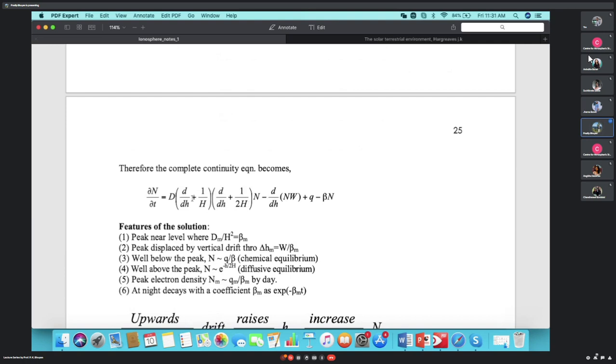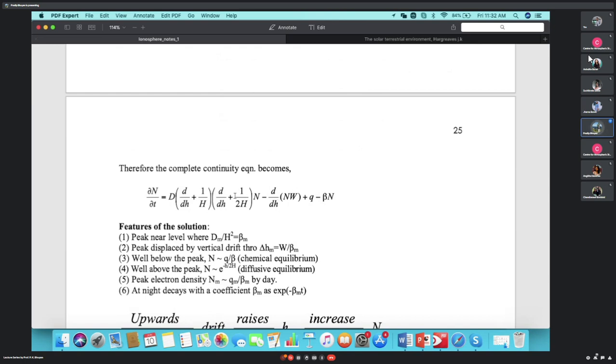So n, minus this is your drift, plus q minus beta n. Okay, q is your production term, and beta n is your loss term, recombination or attachment. This is production due to ionization.